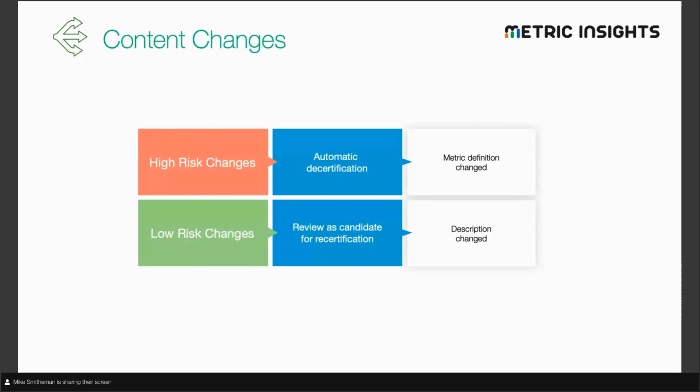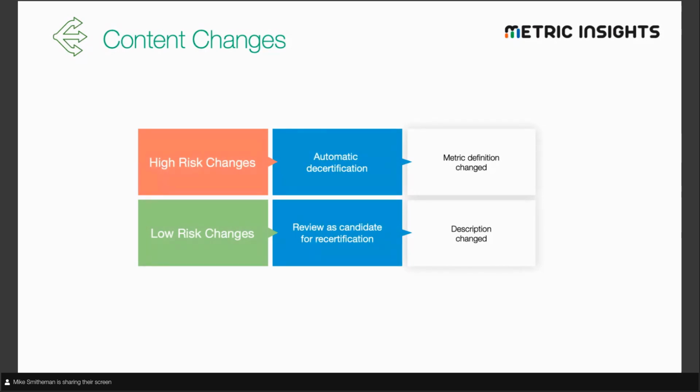On the other hand, if it's a low risk change, maybe I've just changed the description of the content, or I've changed some chart, but we haven't really changed the underlying visualization, underlying logic, then that might be more of a description change where I might not automatically decertify, but I do want to flag those changes so that the analyst who's responsible for that report realizes, hey, there's been a change underneath.